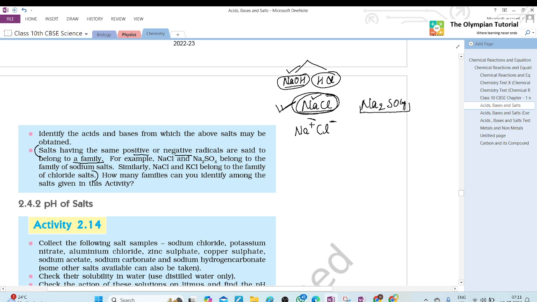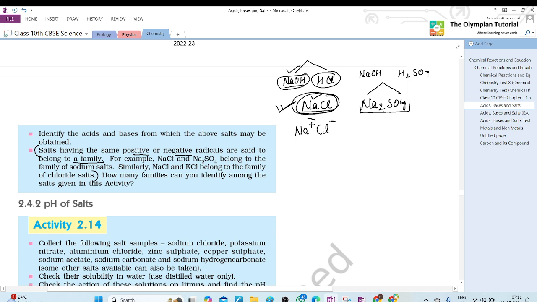Same, Ishan, Na2SO4, is it a salt? Yes, ma'am. How can you say that it is a salt? Because it is made from NaOH and H2SO4. H2SO4, very good.